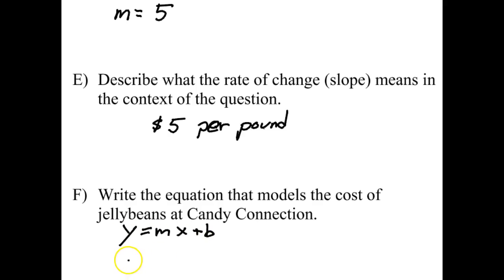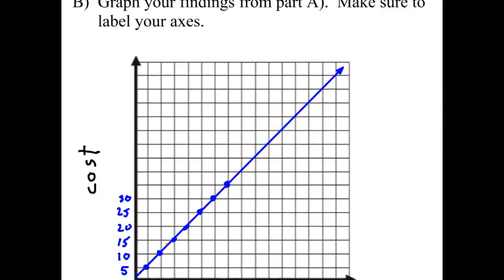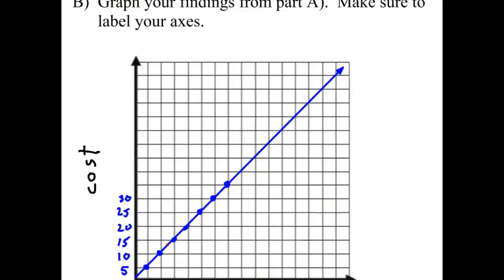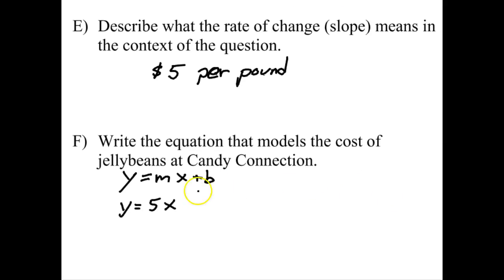We know the slope is 5, so we have y equals 5x. What's the y-intercept? Where do we begin at? You can look here, or you can look here and recall that we started at 0, right? 0 pounds costs no money. So we just started at 0, which means our y-intercept is 0. Which means we don't really need to write that. Our equation is just y equals 5x.